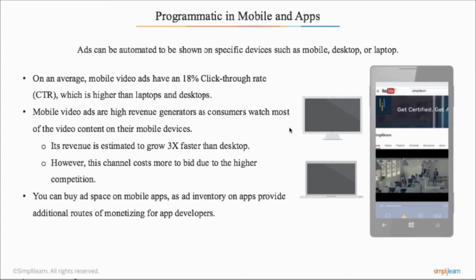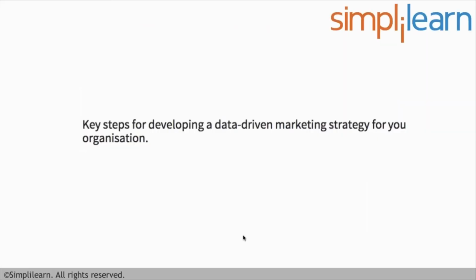It's mobile devices which are being used the most for browsing the internet as compared to other devices. So mobile revenue is estimated to grow 3 times faster than desktop, and this channel also costs more to bid, right? These are just good-to-know information, and you can buy ad space on mobile apps as ad inventory, and apps provide additional routes of monetizing for app developers.